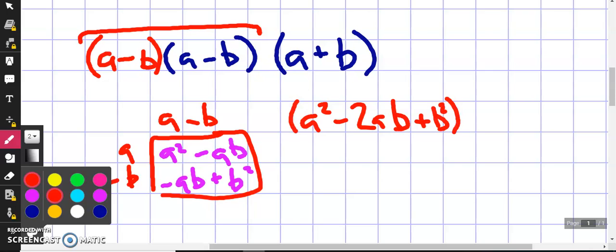And then I will take that and multiply it with the a plus b that we have left over.